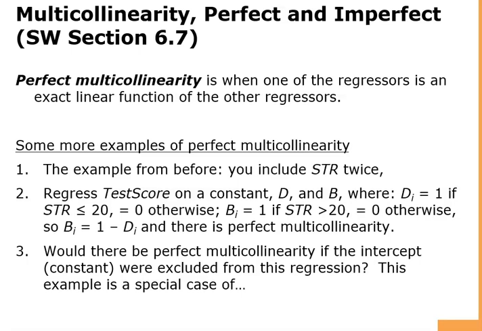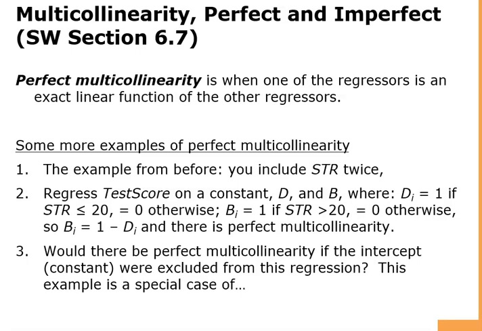Another example that the book provides is, let's suppose you are including the percentage of English learners in the regression analysis, but let's suppose you also include the percentage of English speakers in the regression analysis. So in this scenario, what will be the percentage of English learners? It will be equal to 1 minus the percentage of English speakers.